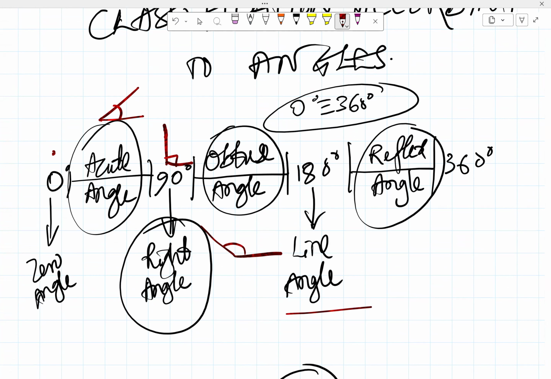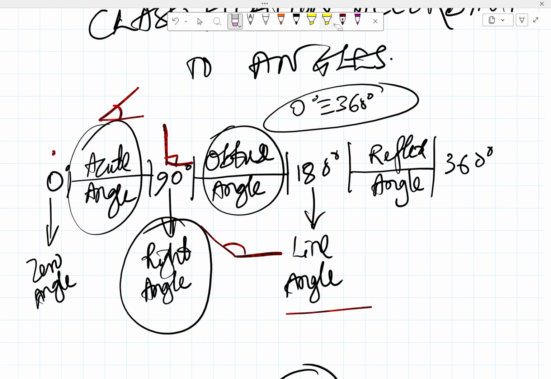For a reflex angle, you have the straight line, this is 180, and then you have something beyond 180. But a reflex angle is not even possible in a triangle, sorry, because a reflex angle goes beyond 180 and the triangle would go back to being less than 90 degrees. So there's no reflex angle triangle.